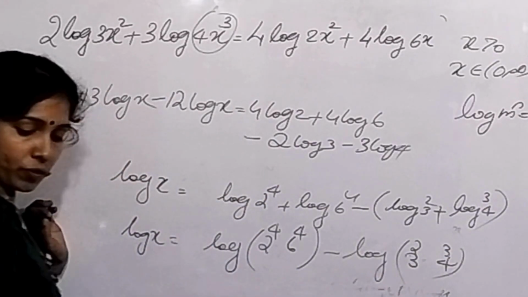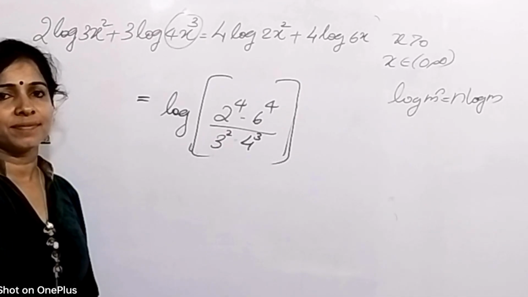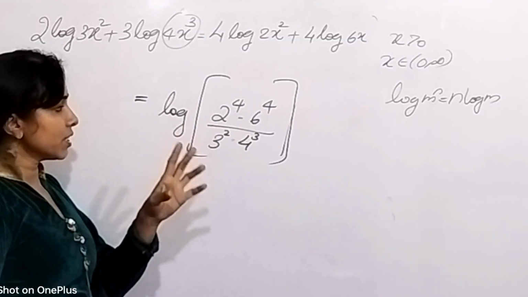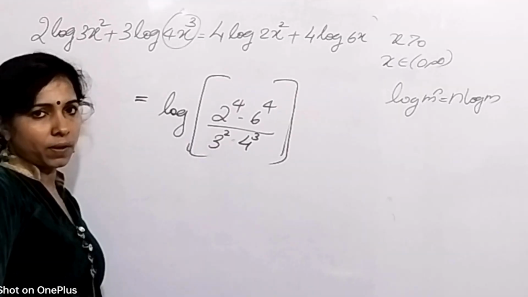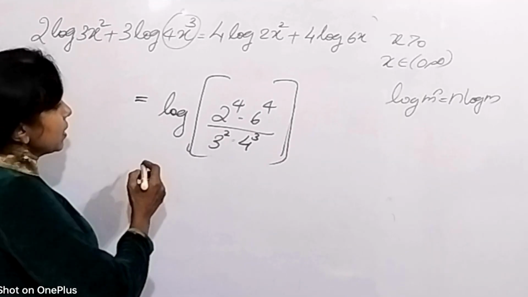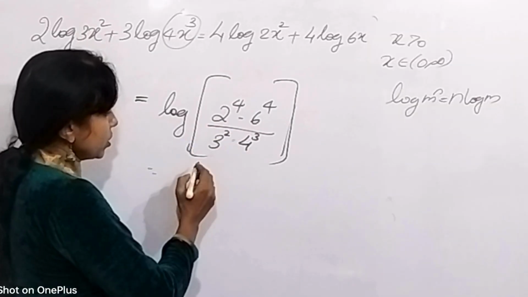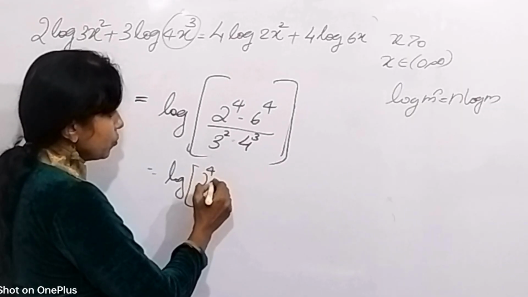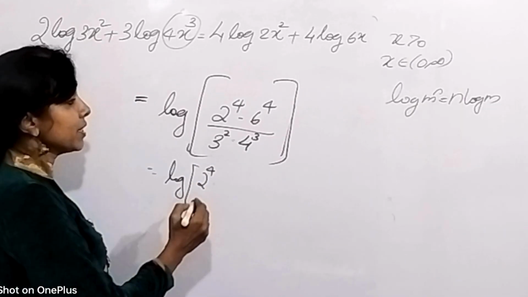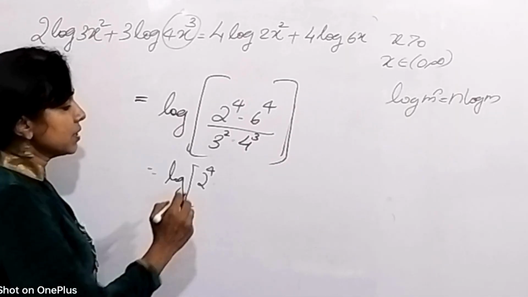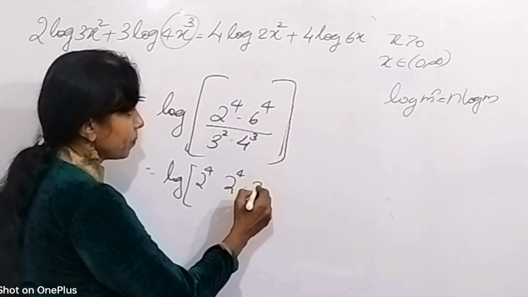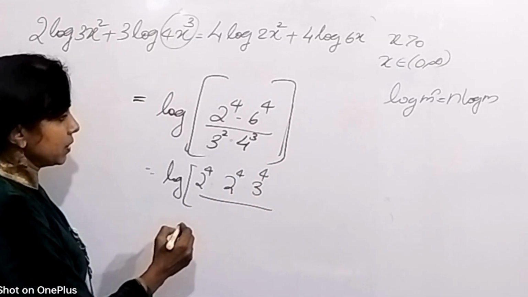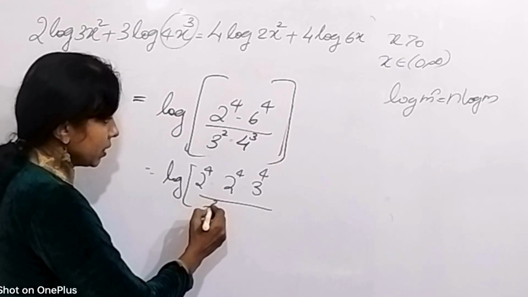Now it is the logarithmic rule of subtraction. So here now we get log of 2 raised to 4 into 6 raised to 4 over 3² into 4³. Now we can cut like this: 2 raised to 4 into 6 raised to 4, we can write as 2 into 3, that means 2 raised to 4 into 3 raised to 4, whole divided by 3² into 4³.